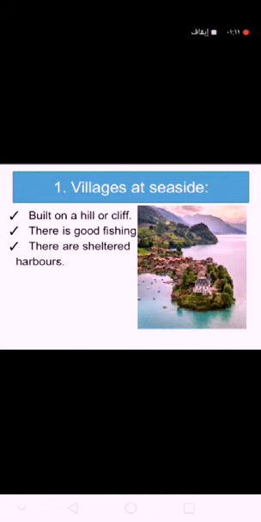Sheltered harbors are places where ships and boats settle, like bus stations for buses, and trains have train stations. Ships and boats have sheltered harbors. So people build their houses at seasides to fish and to be close to ships and boats.